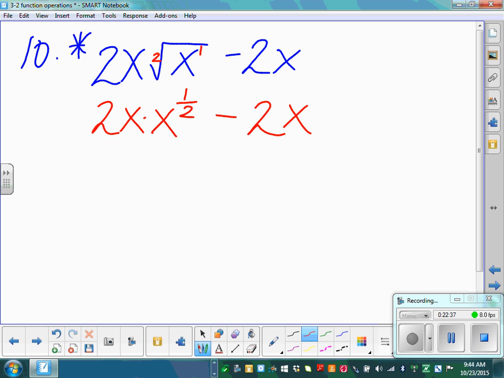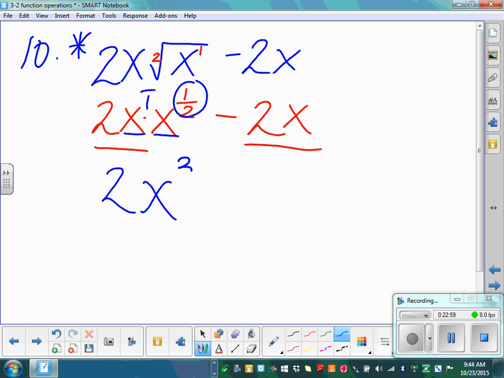Okay, so these are not like this and this, but can we multiply not like exponents? Yes, right? So these are the same base. So when we multiply the same base, what do we do with our exponents? Add. So we do 1 plus 1/2, which is 3 halves, right? X to the 3 halves.